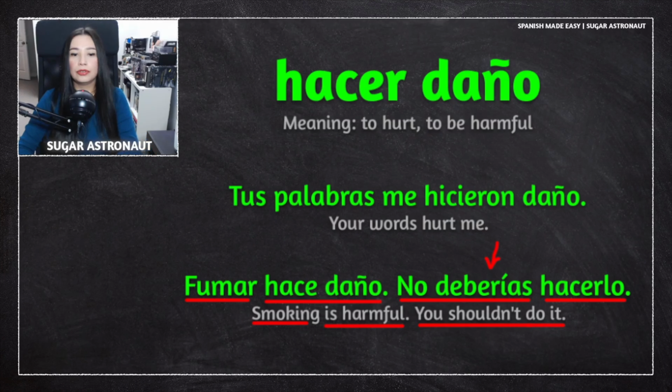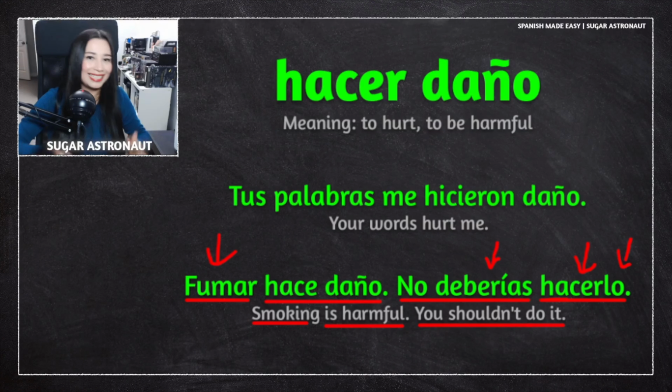Hacerlo, do it. But if you just want to say do it, you cannot say hacerlo. Okay? You cannot say that. Hacerlo, we have the verb hacer and we have the pronoun lo, and that refers to what?